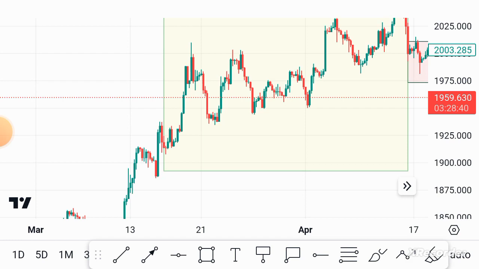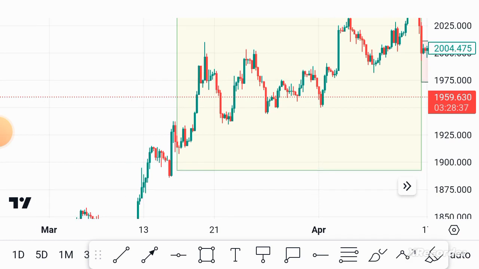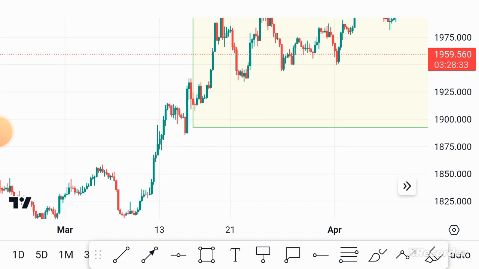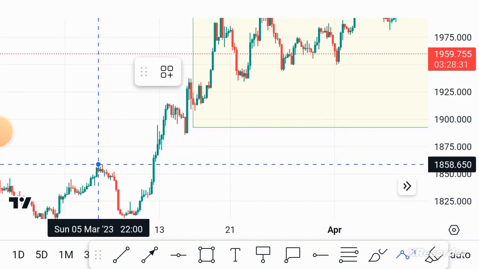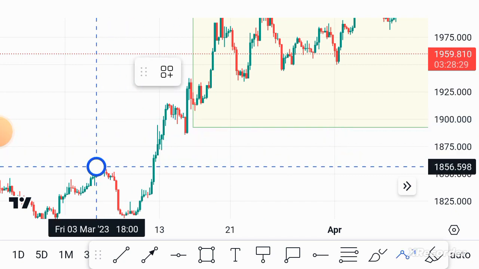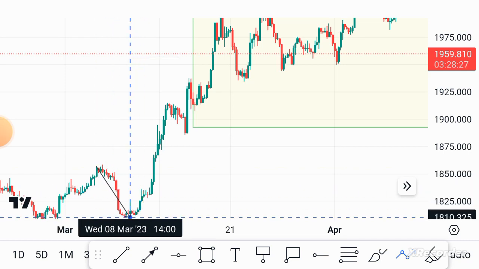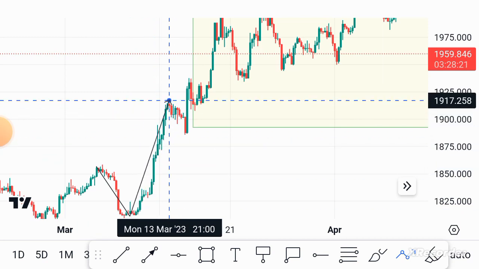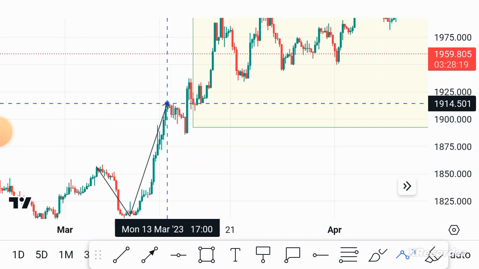This is a typical example of an impulsive price movement. Starting from this very point, price came down here, and then this is a correctional leg. So this is what we call an impulsive leg. Can you see it longer than the correction, right?